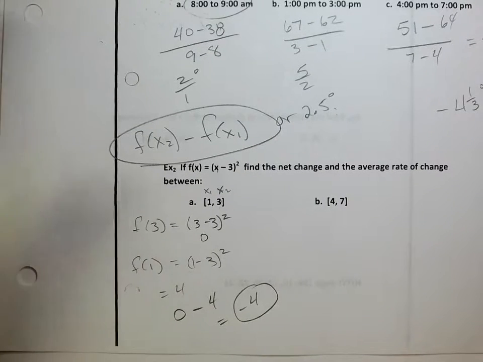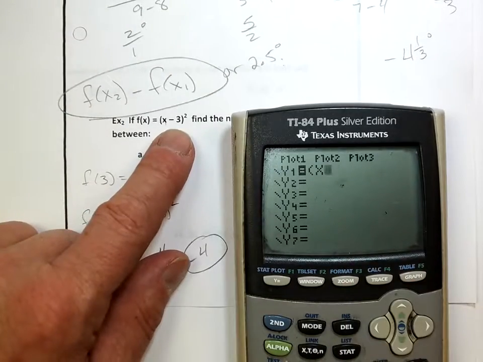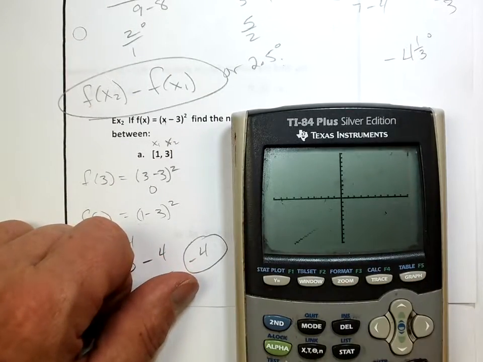So in this case, this graph is dropping 4, okay? Well, all right, let's take a look at it. I'm just curious. If I looked at the graph, maybe I could see why that is so. I like looking at graphs because it tells me something. So if I type in the parentheses x minus 3, right? Graph that, oh, forgot the square.